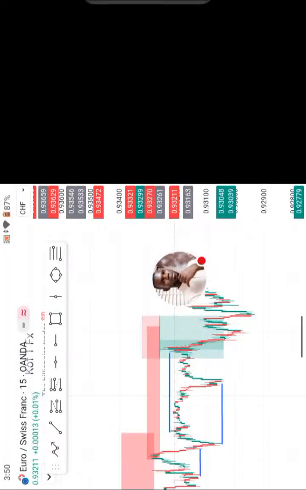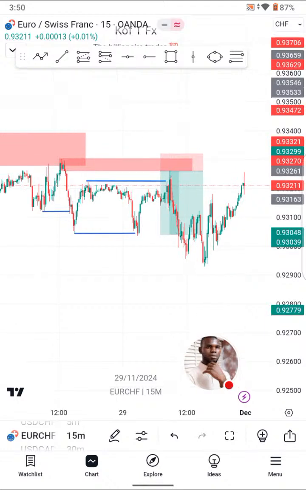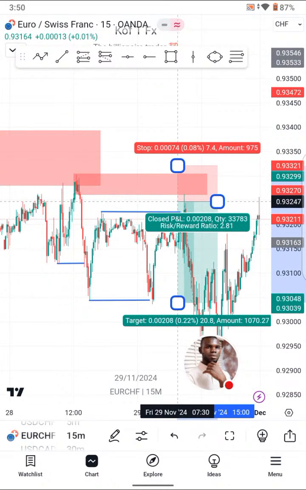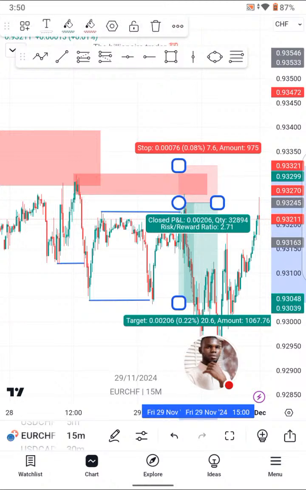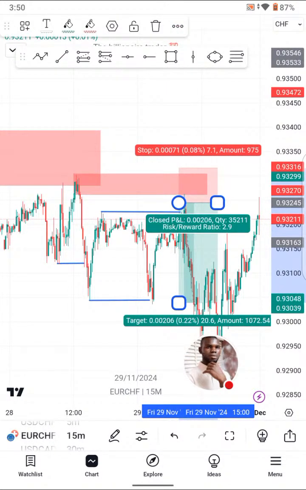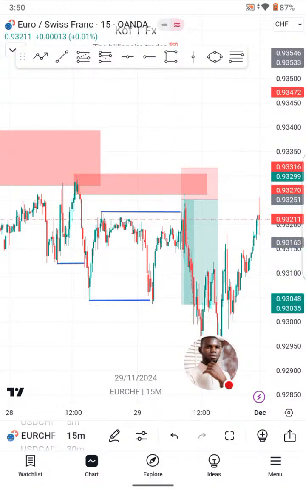So I could have picked the entry from here and stop loss a bit above it, or from here just to achieve like 3 RR, and it will be like that. So we have it 3 RR.